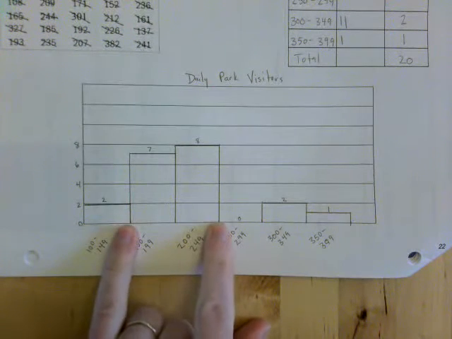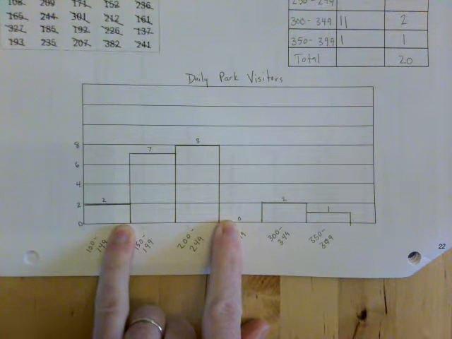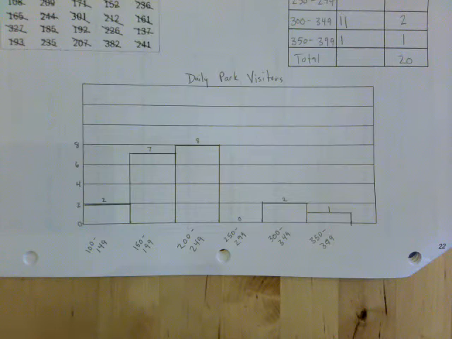It seems like there's a lot of data points between 150 and 249. So we might say on a typical day, between 150 and 249 people come to the park. That answer probably best fits the question based on the data and how we showed the data in this histogram.